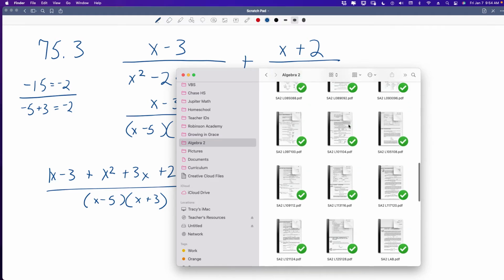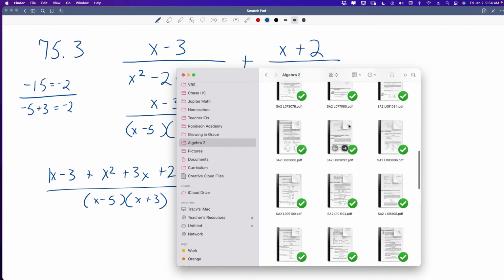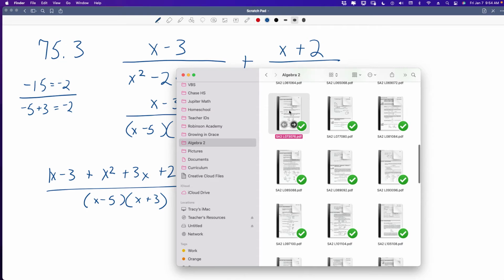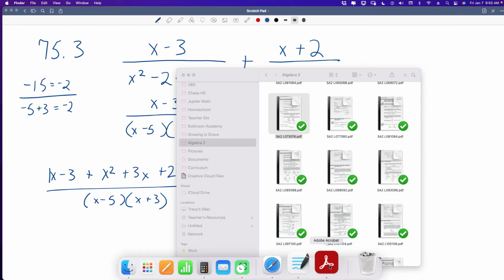Okay, where is it at? Let's find, here we are, lesson 75. It's probably going to take a million years for it to open. Come on.